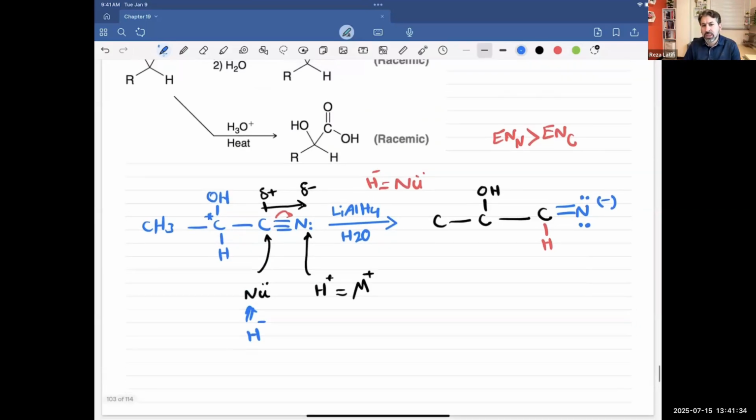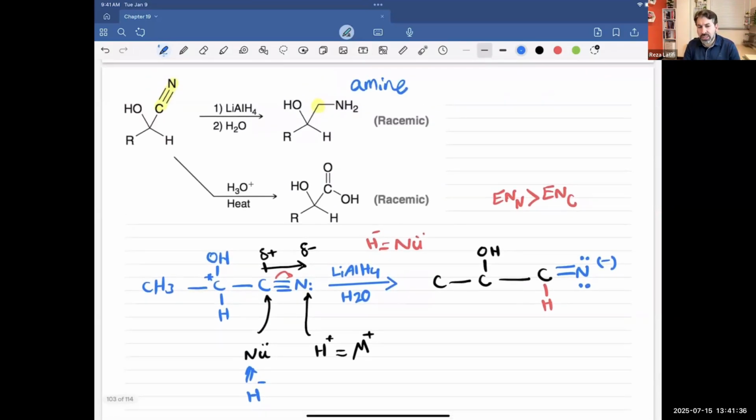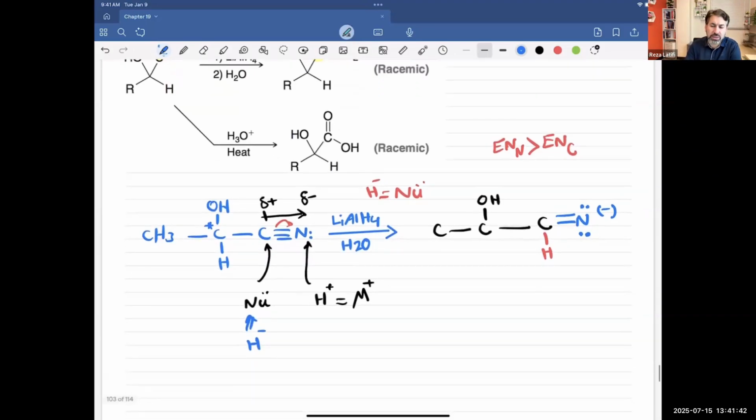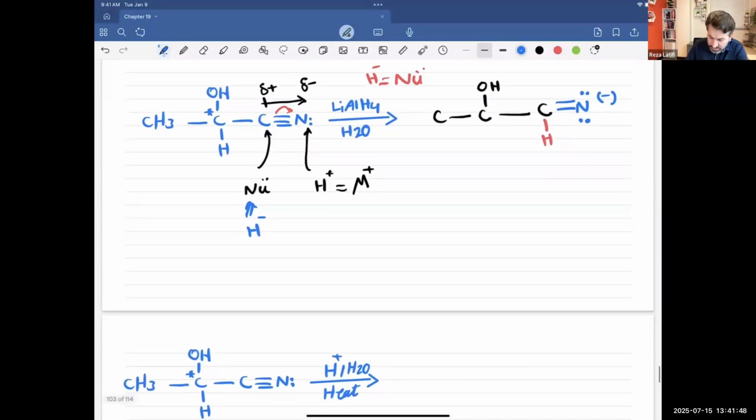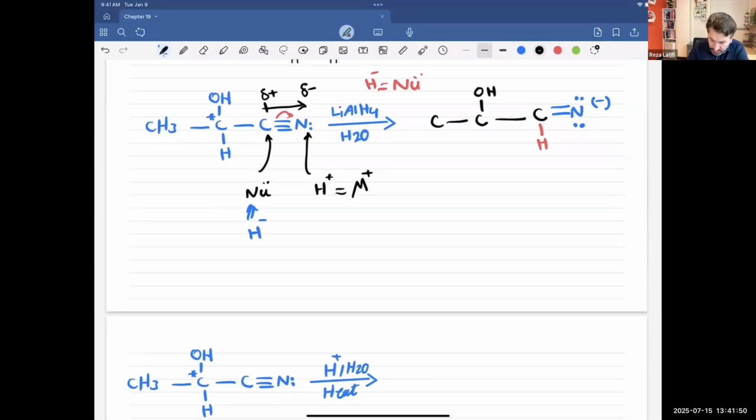I can add H plus to it, or I can keep adding another mole of hydride, and then at the end neutralize it. Let's say we added 2 moles of that reducing agent. If I add another mole of H minus, this is going to happen.